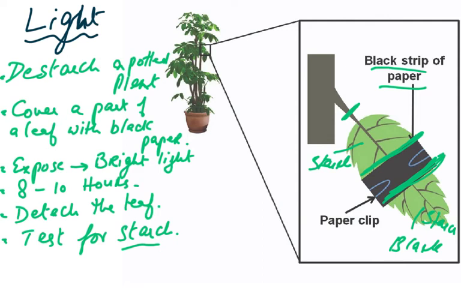But this area where there was the black paper will remain brown because there will be no starch present. So this fact proves that light did not reach this part of the leaf. This part of the leaf will remain brown because there's no starch in it. The color of iodine is brown, so it will remain brown.